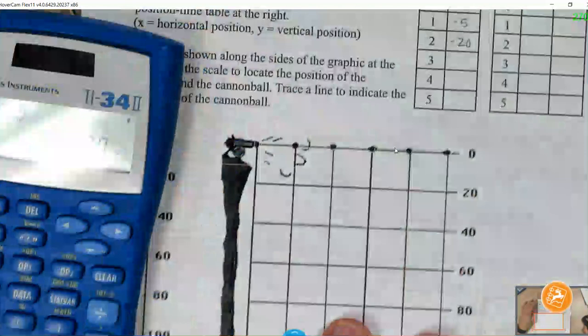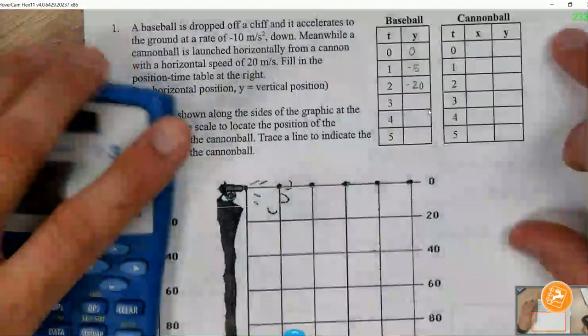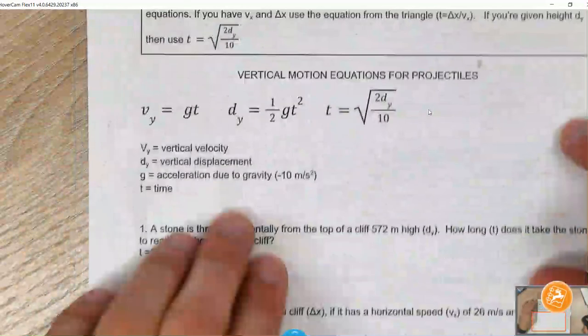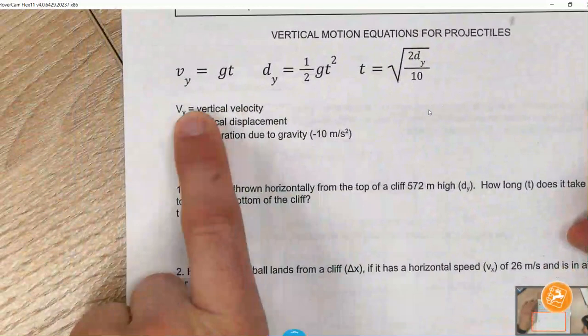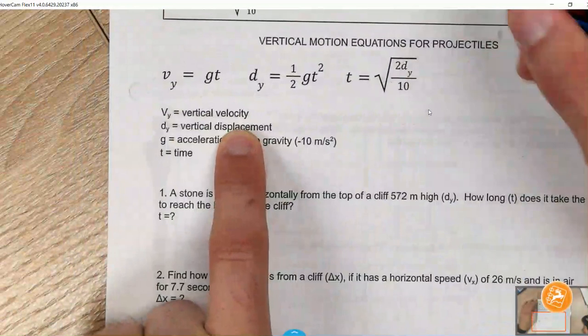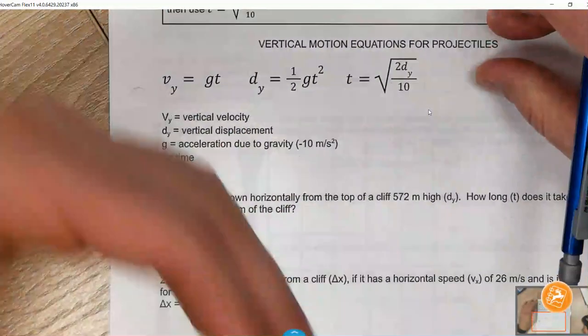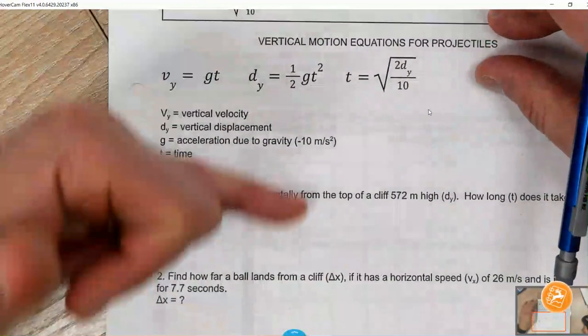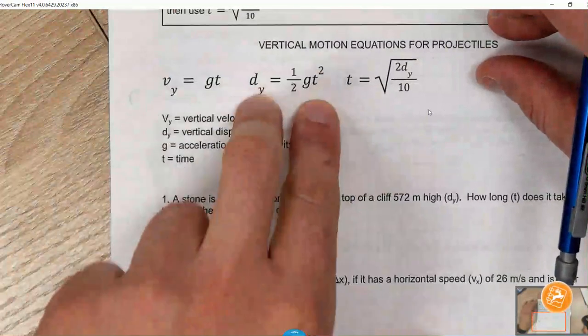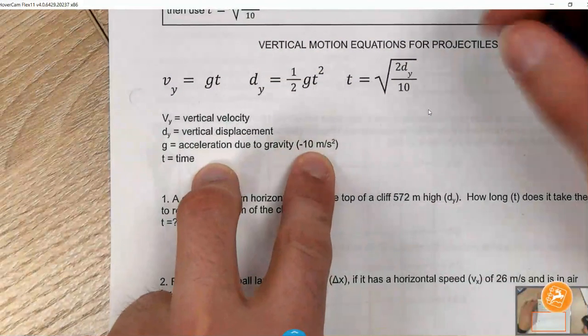Can I zoom in? There we go. So right now I'm using this equation, vertical displacement. Basically how much it's going to drop, based on gravity causing it to accelerate.